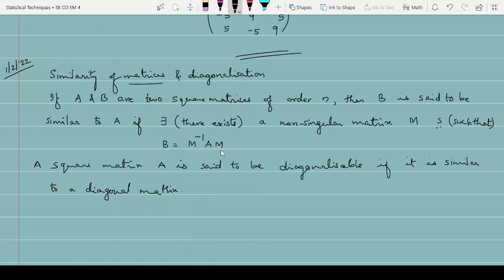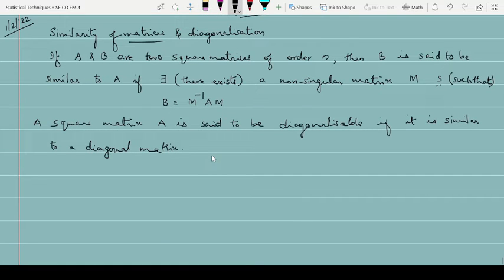That is, matrix A is said to be diagonalizable if there exists some matrix D.